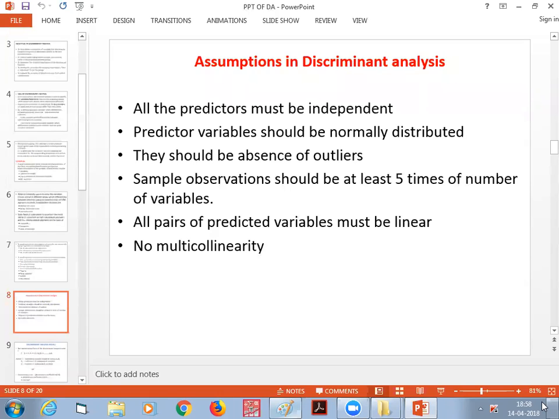Just with 10 people or 10 customers, you cannot classify or develop a model. You must have a sufficient sample size. The minimum requirement is that the sample data must be at least 5 times the number of variables. If there are more variables and more units, it is very good.